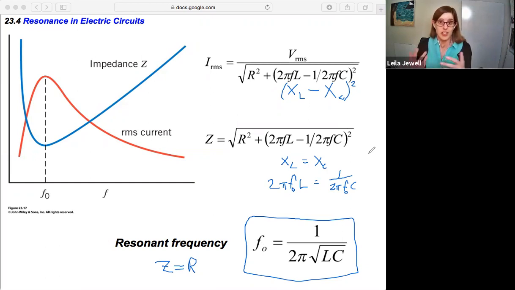So this introduces the idea of resonance in electric circuits. I know it's a lot of terminology, but if you can keep the terminology straight, the equations are fairly simple to plug and chug away, and you'll be able to solve these AC circuit examples, which have some really weird things going on, but lots of useful applications.